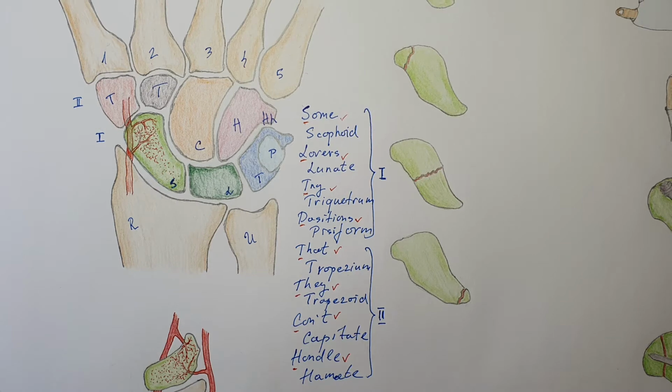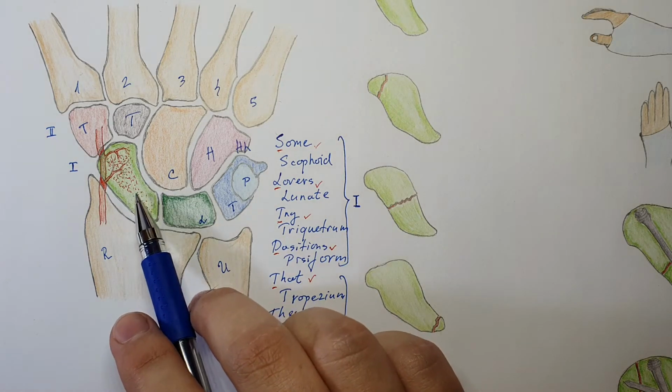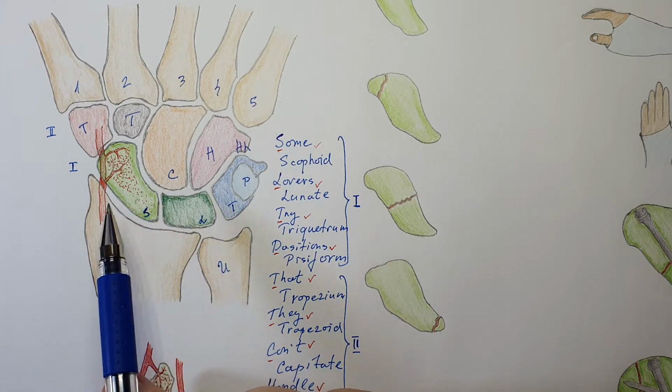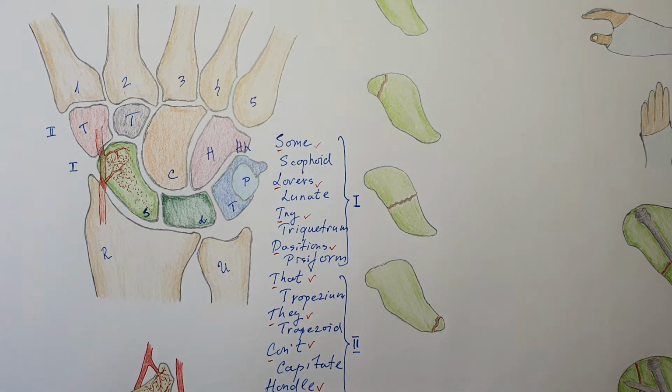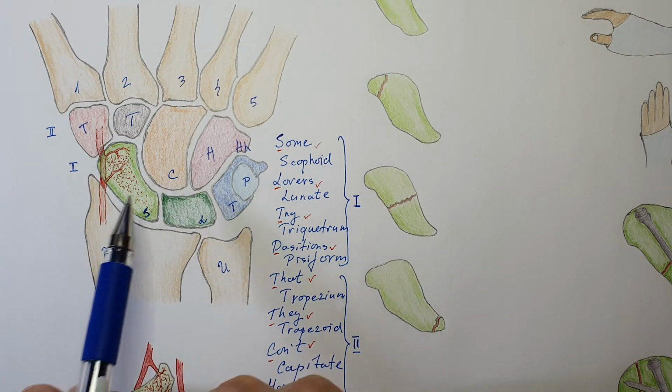So why is the scaphoid bone so significant? First of all, this is the bone that fractures the most, and it has a significant blood supply that is actually not supplying the whole bone at the same time.